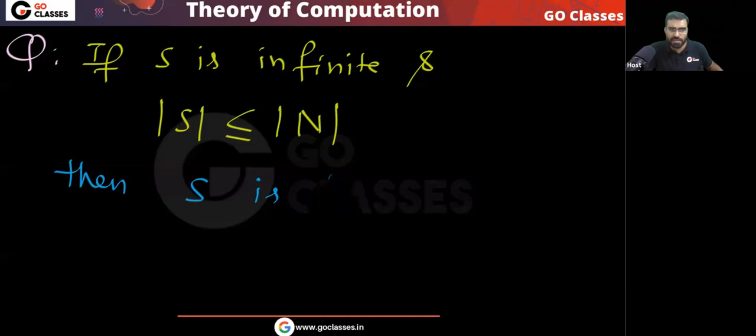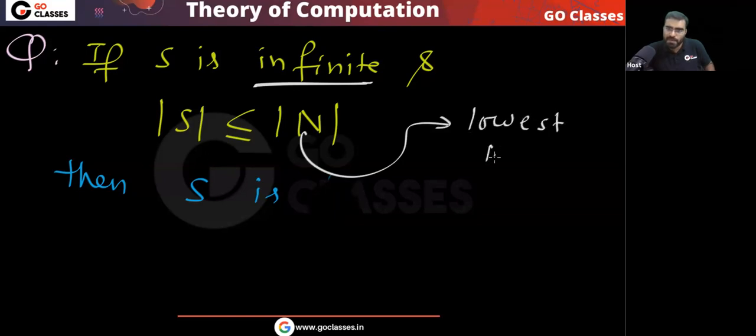S is infinite, but the size of S is less than or equal to size of N. But this is the lowest level of infinity. You already know this. So what can you say about S? S is countable infinite. Very good.